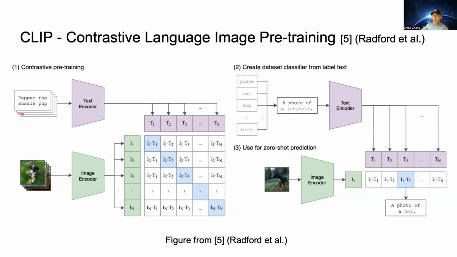So how do they acquire the data? You can imagine there is a massive amount of data on the internet, and you can get paired data between the image and, for example, its corresponding text description. You can easily get this kind of data from the internet. So each image is paired with one single sentence that describes the content of the image.